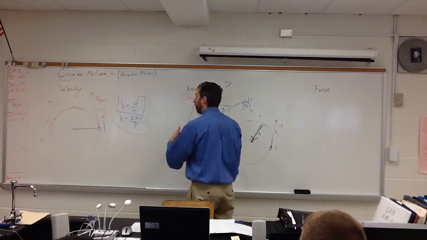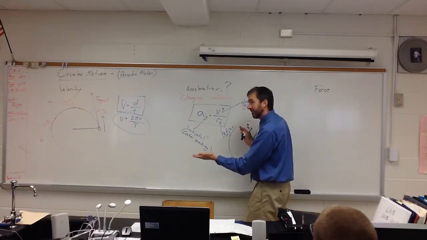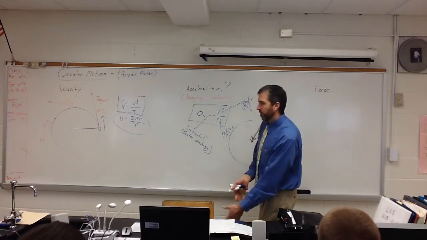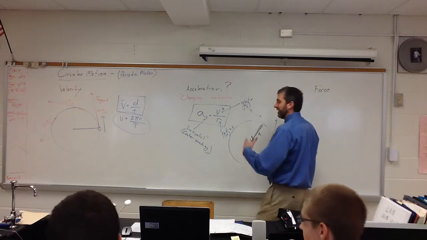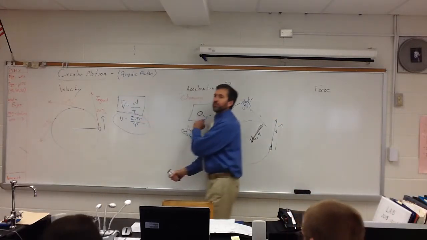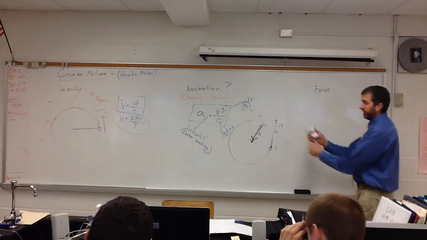But what is it that is causing me to accelerate to the left? Yeah, the seatbelt, the tires on the road, all the friction, everything that's keeping the car on the road is allowing you to go left. So you accelerate to the left, but you feel like you want to go to the right.